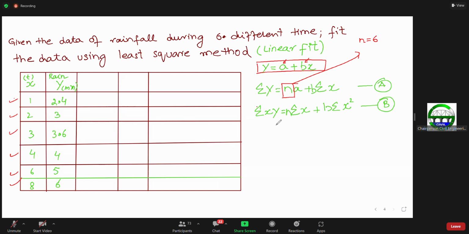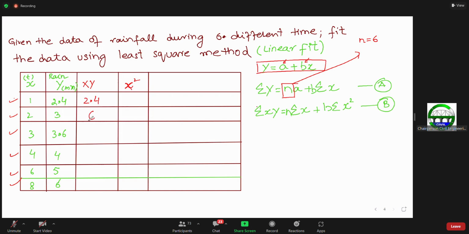Now, what else do we need? We need Σx, Σy, the product of x and y, and x squared. Let's see x and y. 2.4, it will be 2.4.